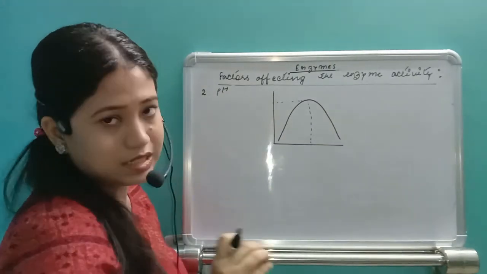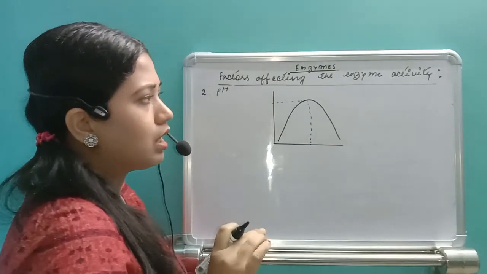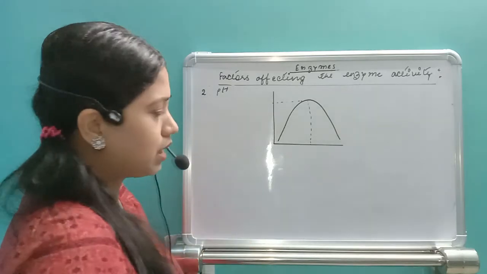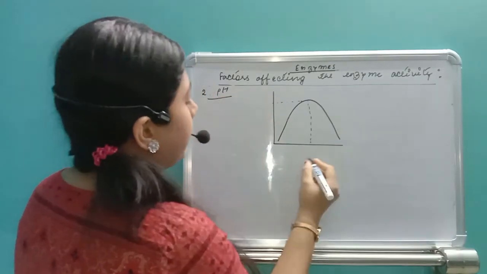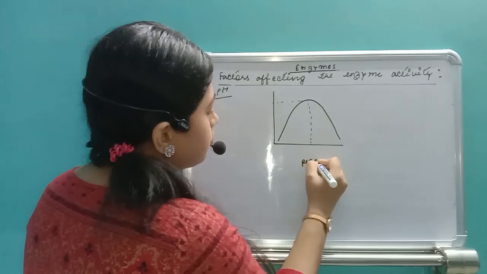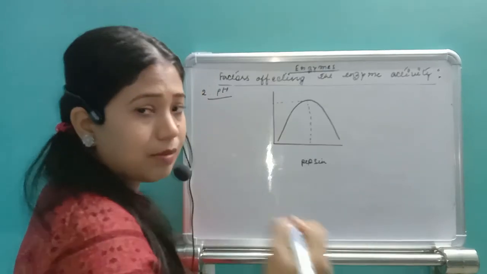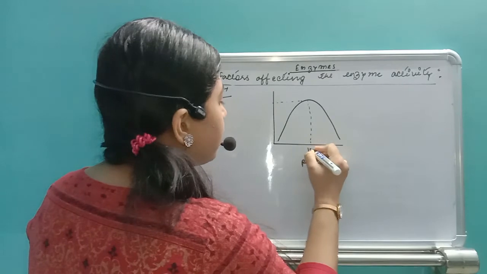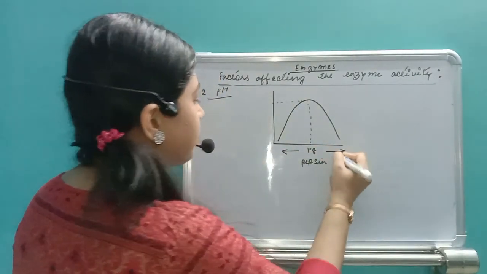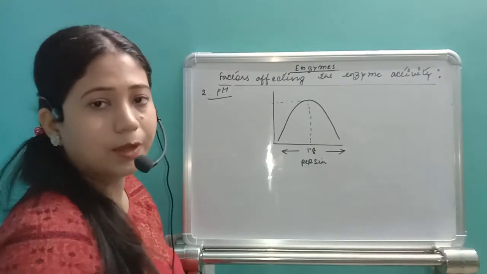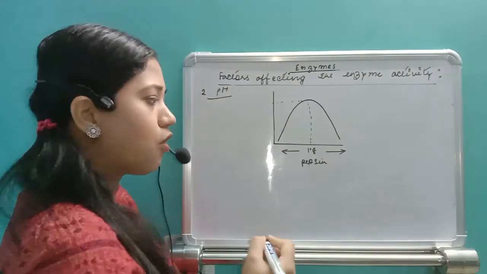Suppose it is one enzyme; I can give you an example. Suppose this enzyme is pepsin. This pepsin works at a pH of 1.8. Below this pH the enzyme does not work, and above this pH the enzyme does not work. So this is for pepsin.